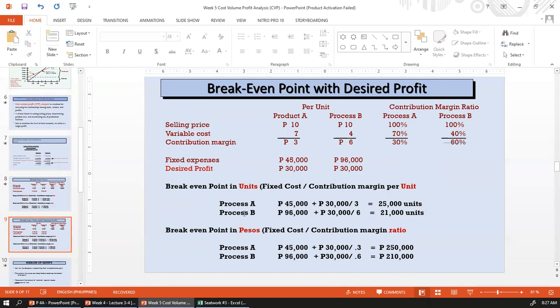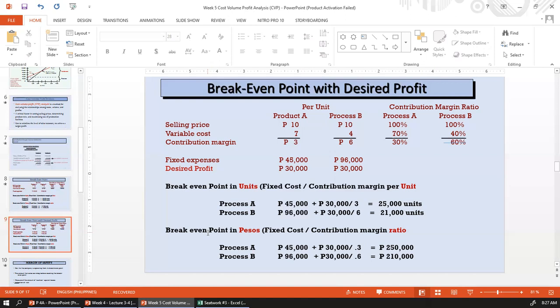For product B, your fixed cost of 96,000 plus your desired profit of 30,000 divided by your contribution margin per unit of 6 pesos and you will get 21,000 units.